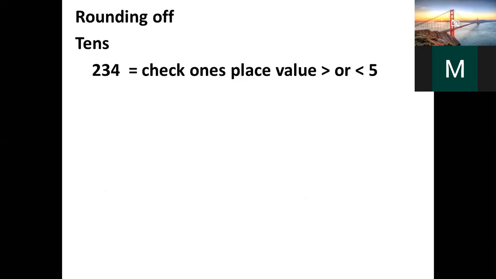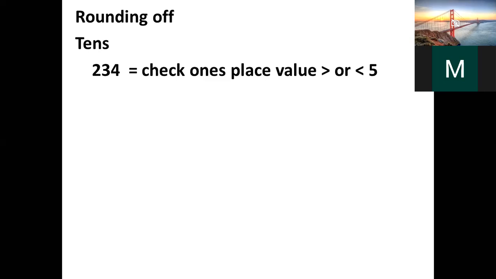Is the ones place value greater than 5 or less than 5? Suppose it is greater than 5, you have to add 1 to the tens place. Suppose it is less than 5, you have to put the value 0 in the ones place.